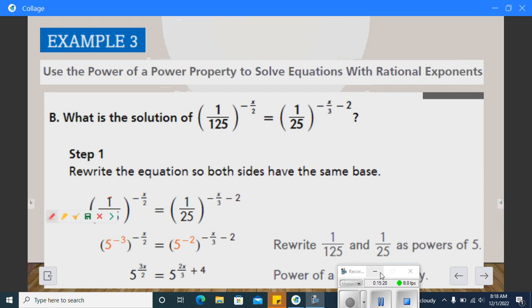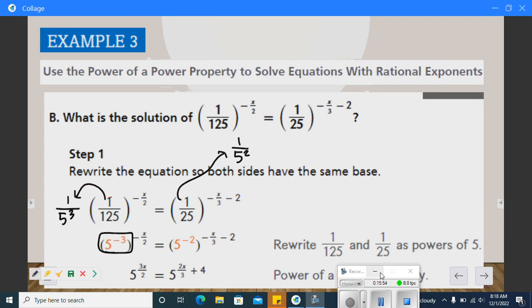So you have there 1 over 125, that is 5 to the power of negative 3, because this is 1 over 5 to the power of 3. And this one is 1 over 5 to the power of 2.